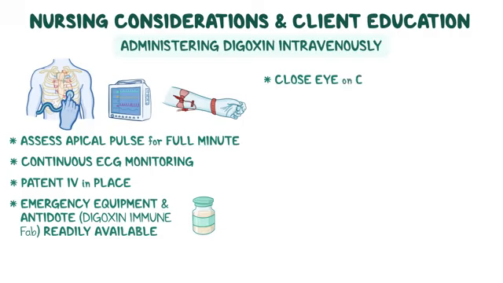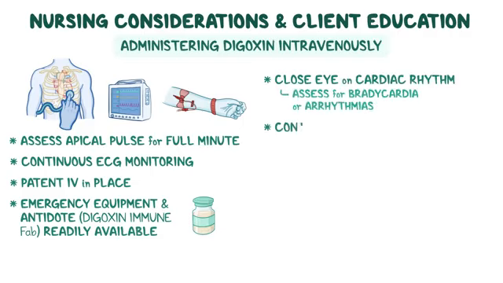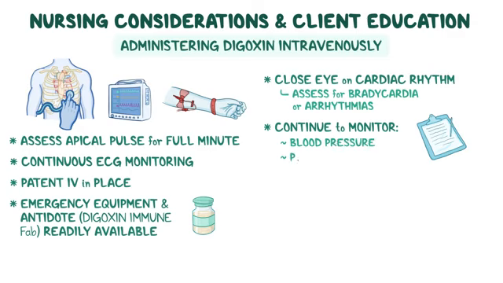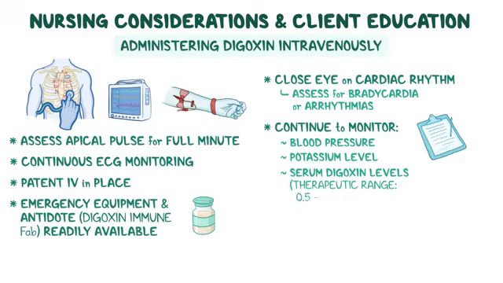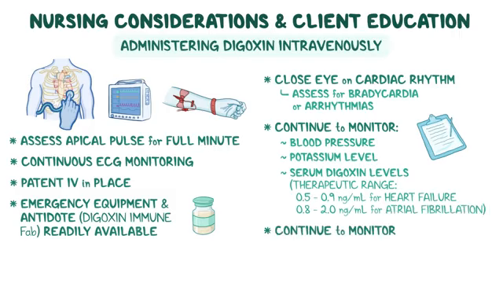Keep a close eye on their cardiac rhythm, assessing for bradycardia or arrhythmias, and continue to monitor their blood pressure, potassium level, and serum digoxin levels for the therapeutic range of 0.5 to 0.9 nanograms per milliliter when treating a patient with heart failure, and 0.8 to 2.0 nanograms per milliliter when treating a patient for atrial fibrillation. Lastly, continue to monitor your client for signs and symptoms of digoxin toxicity.